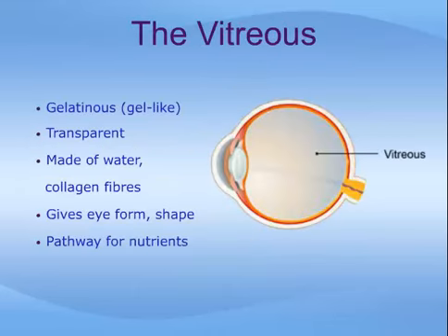Filling the eyeball from behind the lens to the retina is the vitreous humor, a gelatinous, transparent fluid composed of water, collagen fibers, and various other molecules. It gives the eye its form and shape, prevents the eyeball from collapsing, and is a pathway for nutrients and light.